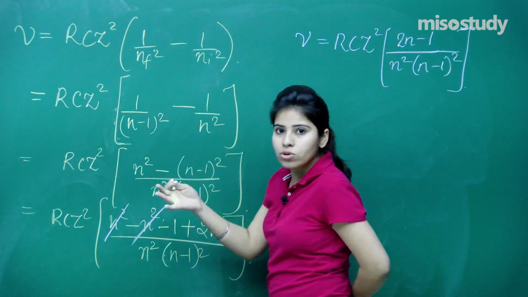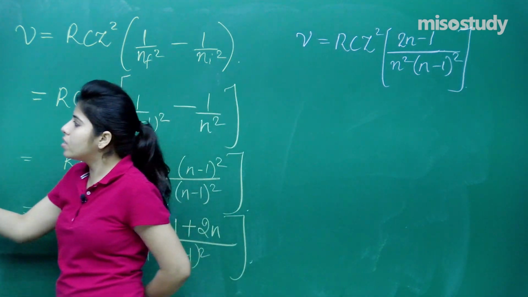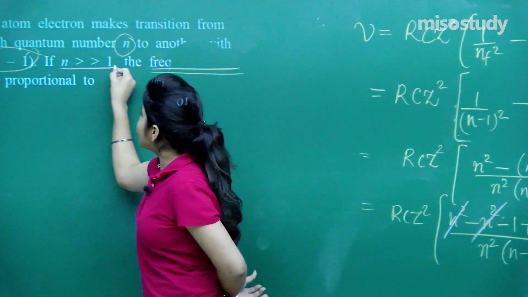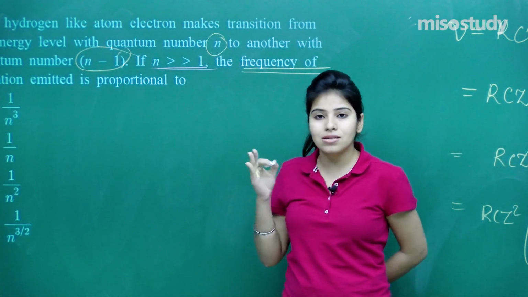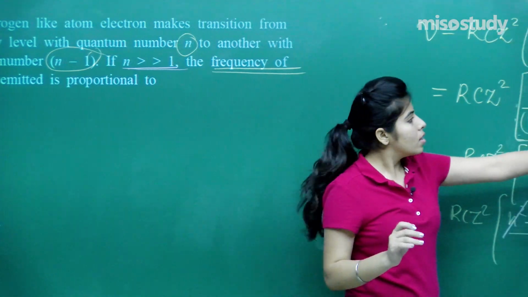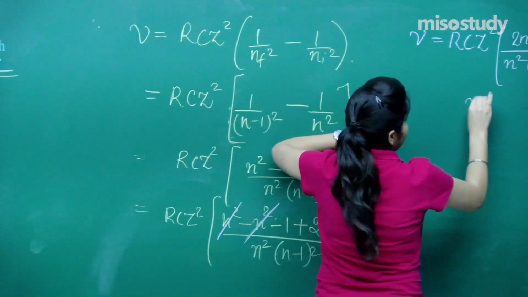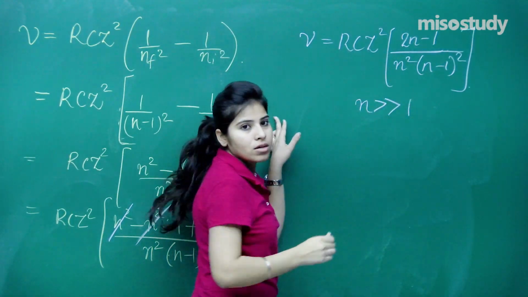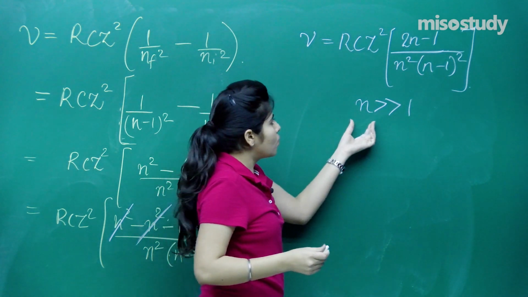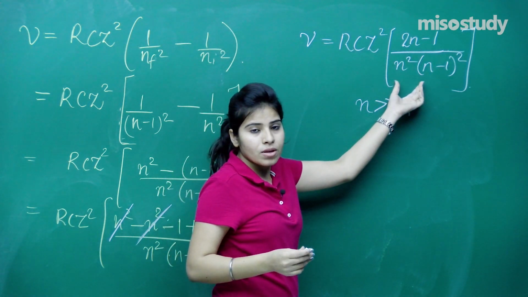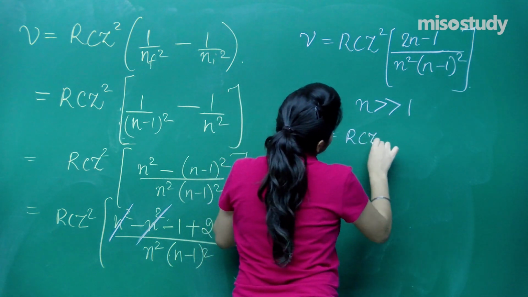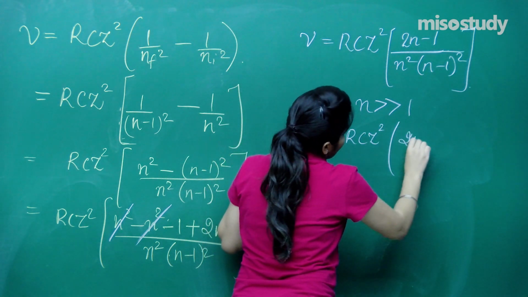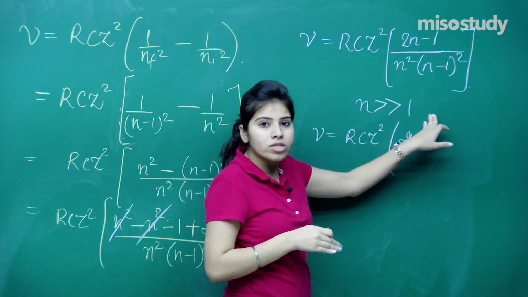Now just focus on what has been given in the question. If n is very much greater than 1, we have to apply this situation now. If n is very much greater than 1, we can ignore the value 1.